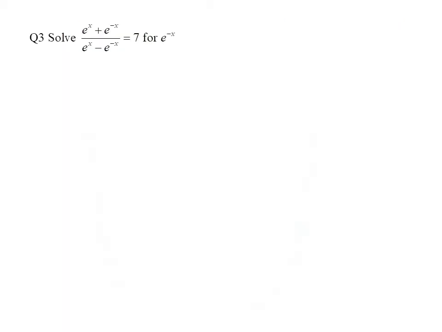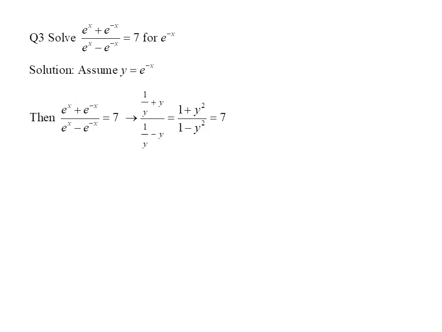Question 3 is an index equation. Since e to the power of negative x is greater than 0, we need to be aware there is no negative answer for this question. To simplify the question, we are assuming y is equal to e to the power of negative x, and then solve y.